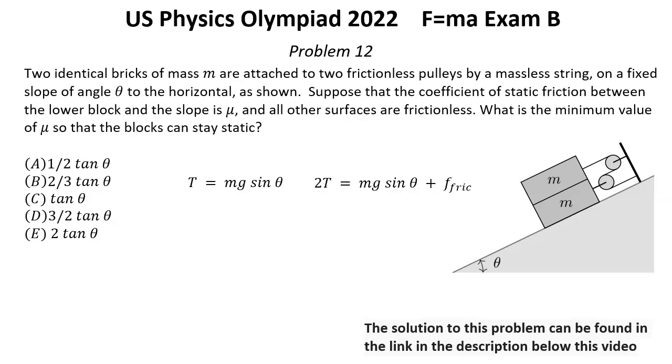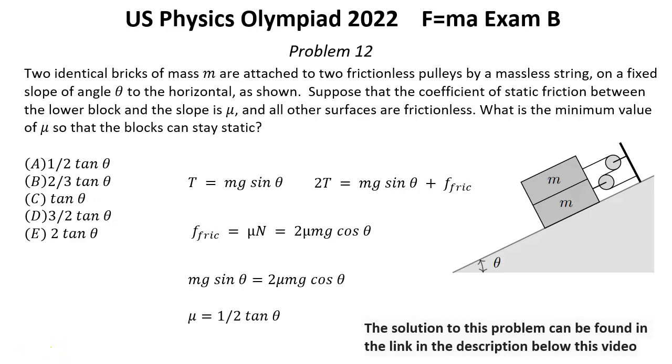When the friction is just barely sufficient, we have F friction equal μ multiplied by normal force, which is μ mg cosine theta. Now, combining all of them, we have mg sine theta equal 2 μ mg cosine theta. It means that μ equal 1/2 tangent theta, which is answer A, and that was solution for problem number 12.